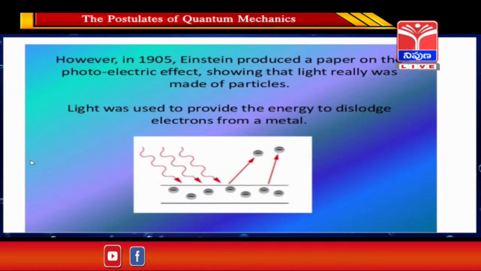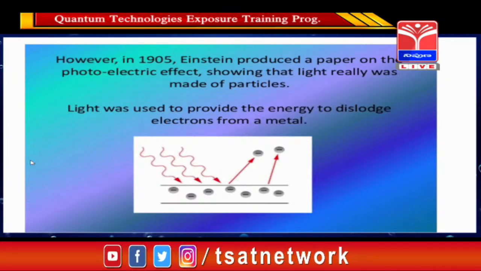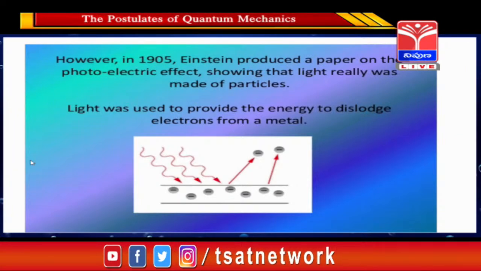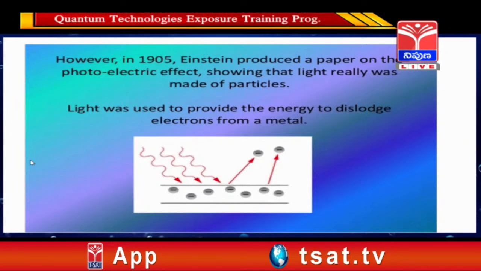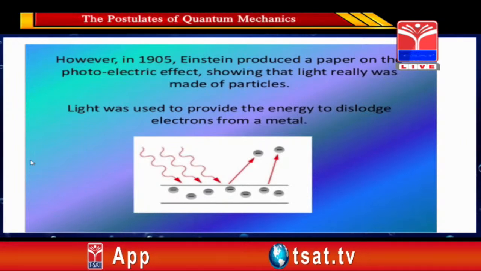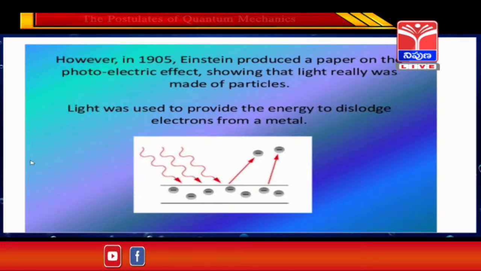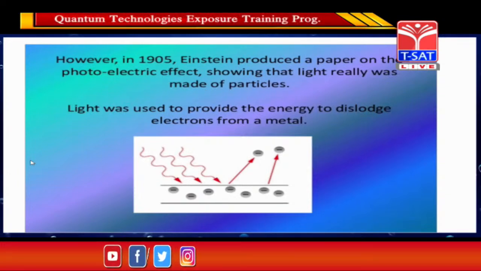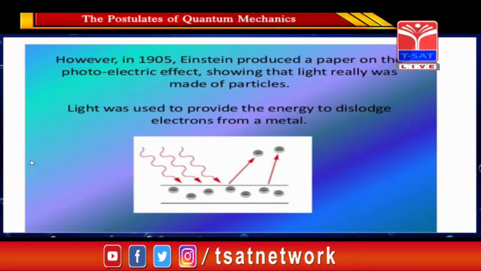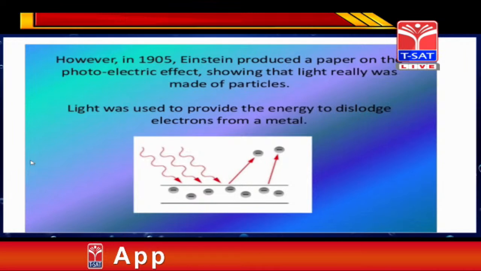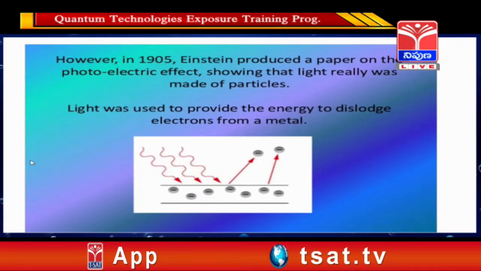So the more intense the light, it is expected that more and more electrons should be dislodged. But curiously, it was not so.